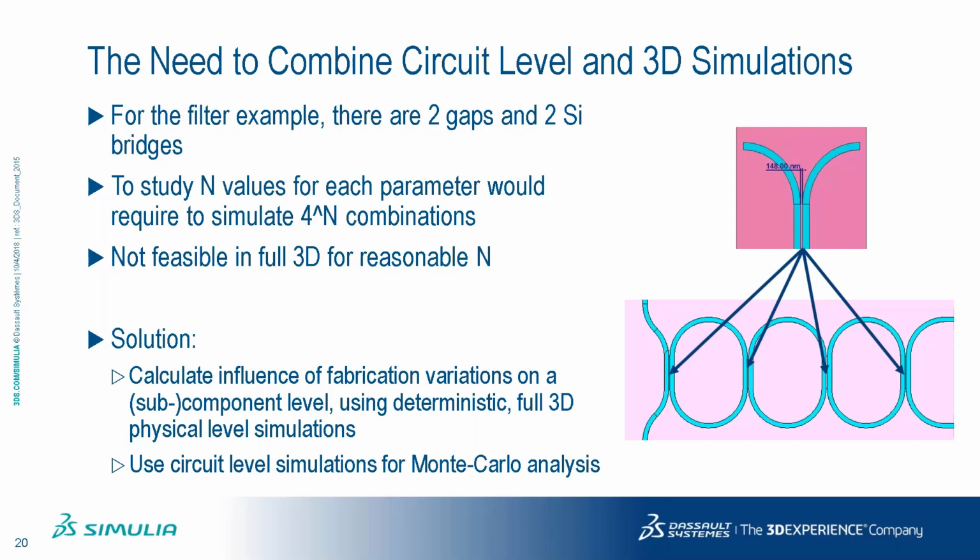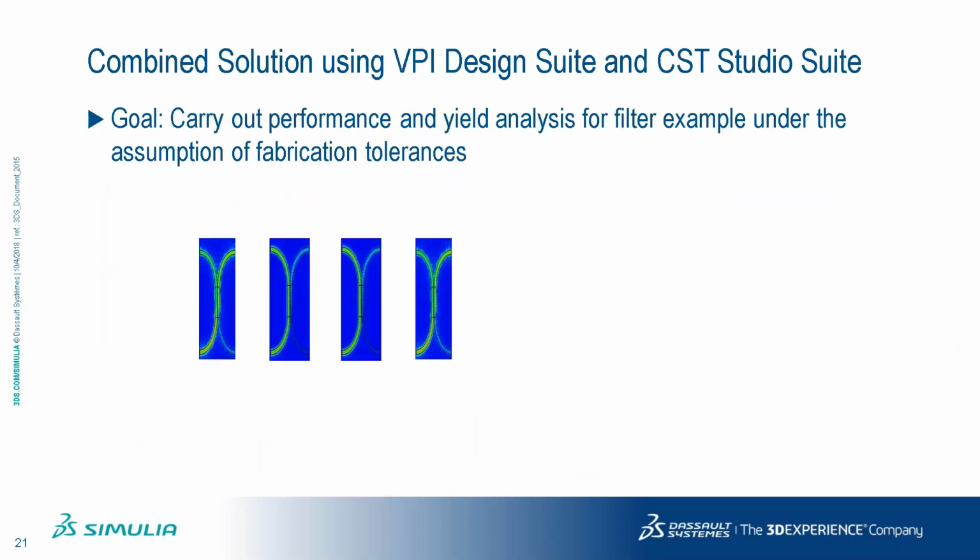Thus the idea is that you extract the behavior of each of the subcomponents, each of the parts of your circuit. You identify how the variation in the fabrication tolerance influences the behavior of that particular part. And then you put it into a circuit level where you can study statistically many different combinations of those small random variations and do a Monte Carlo analysis for thousands of combinations.